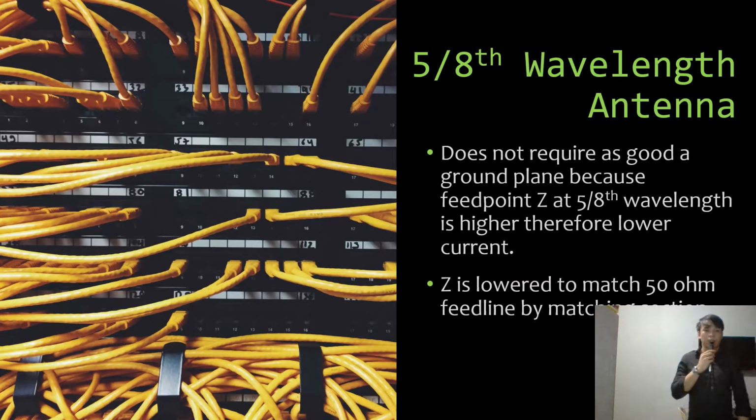It does not require as good a ground plane because its feed point impedance at 5/8 wavelength is higher, therefore the current is lower. So the impedance is lowered to match a 50 ohm feed line by a matching section.